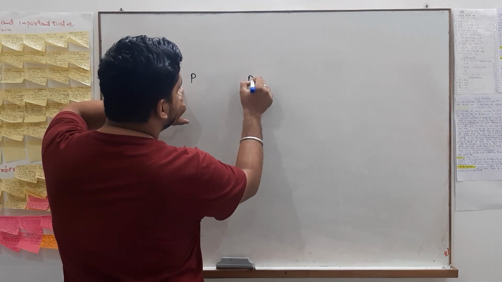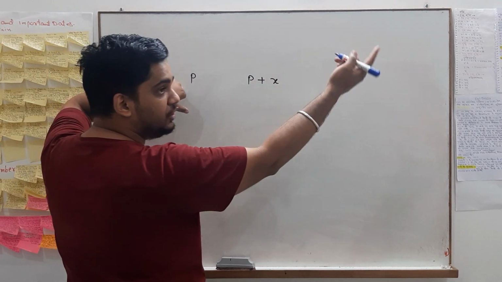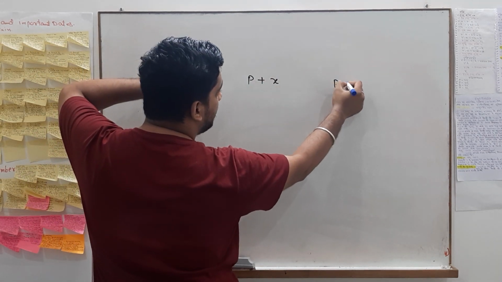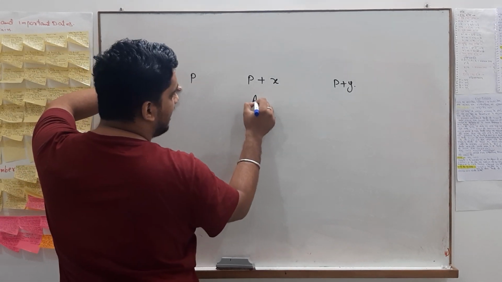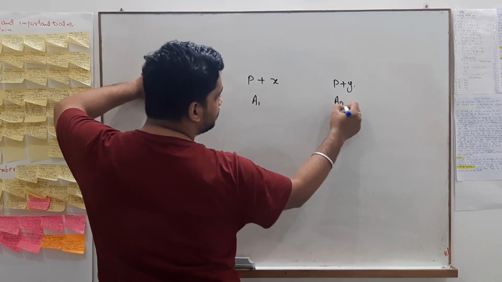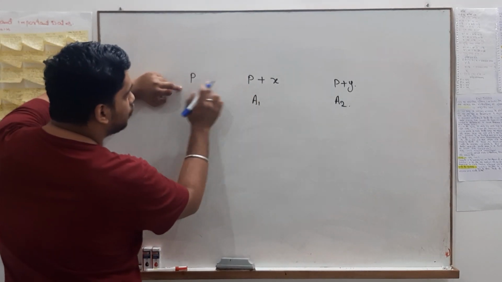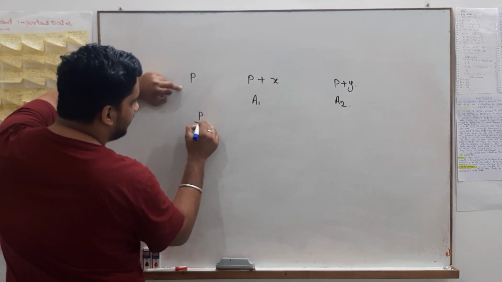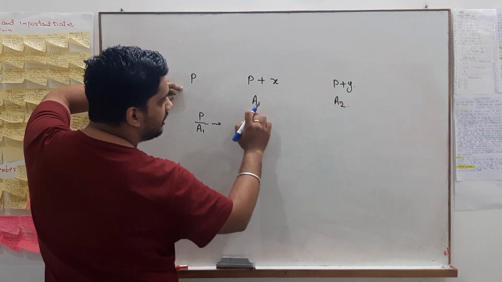After n years we will get P plus X, and after 2n years, the total time, we will get P plus Y. This is P, this is A1, and this is A2. So now the ratio P upon A1 is equal to the ratio between A1 and A2.